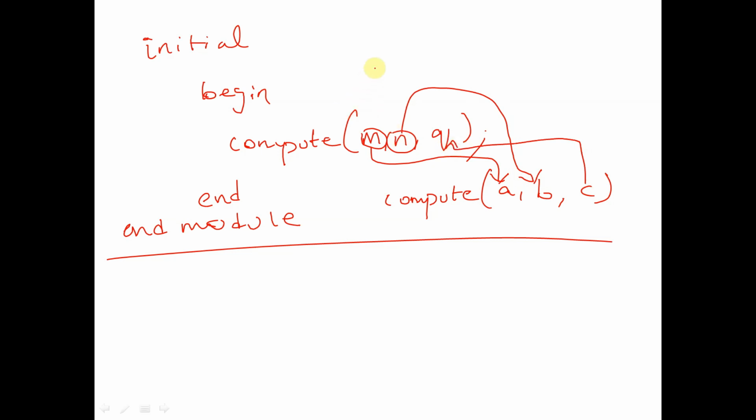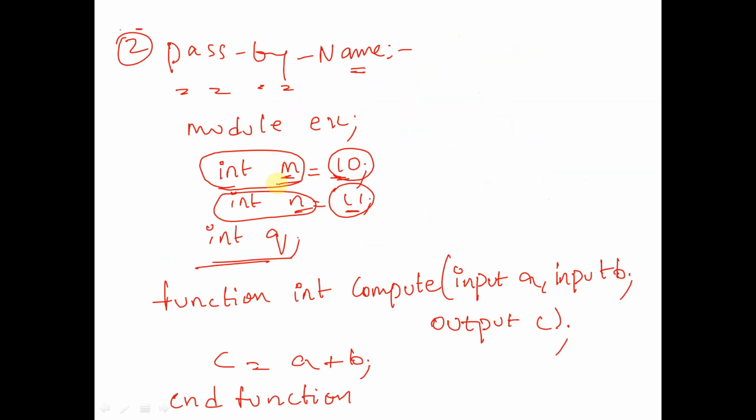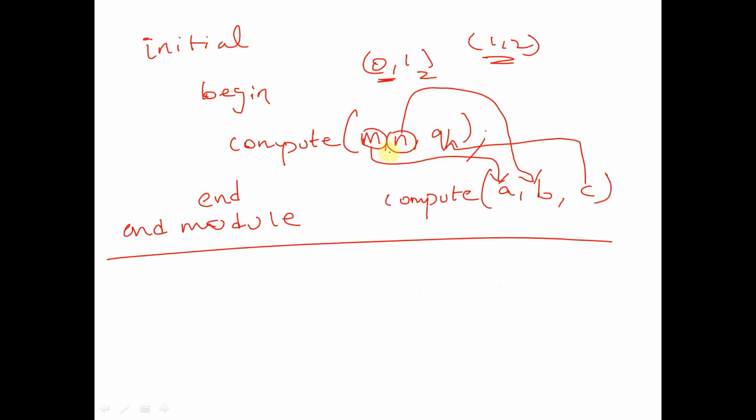So instead of passing 0 comma 1 or 1 comma 2 as arguments to my function, I am declaring some variables and passing these variables to my function by name. So I'm giving my variables to these arguments. So a will be allocated to m, which is equal to 10, and b will be allocated to n, which is equal to 11.